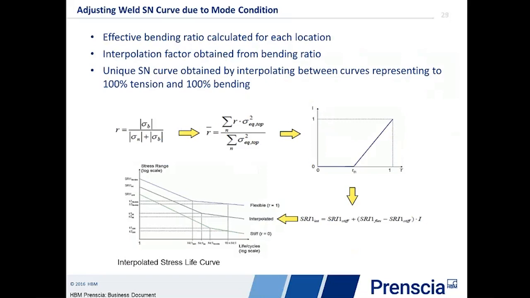A second fatigue curve where the weld is completely in bending stress, which are the two boundaries of the behavior. And then we generate automatically in DesignLife an interpolated curve between those two that matches the bending ratio for the location we're doing the calculation. Again, this allows us to account for the fact that different loading modes will generate different SN curves, because the SN curves have the stress concentrations of the weld toes built into them.